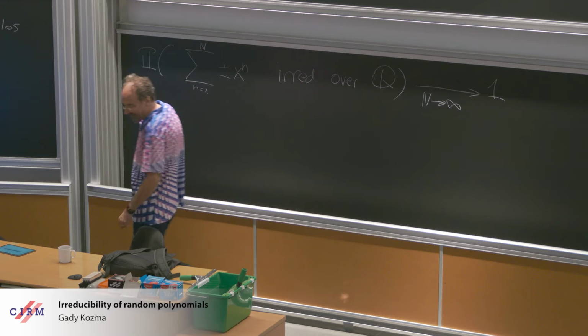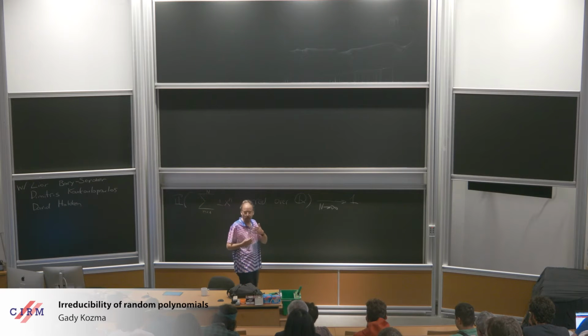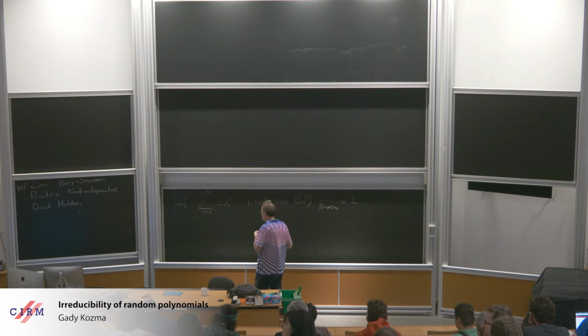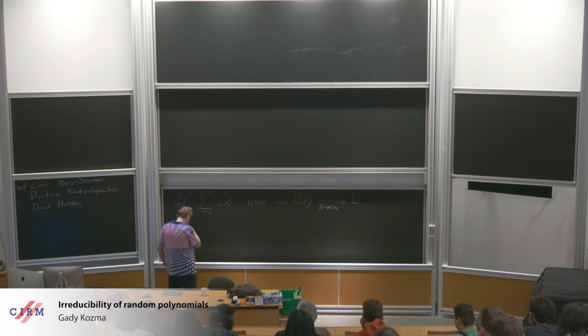Okay, so the question is still open, but there has been some progress. Let me start with a bit of trying to feel the problem, to see what kind of ways there are to attack it.